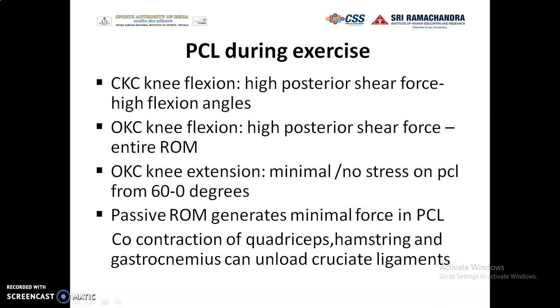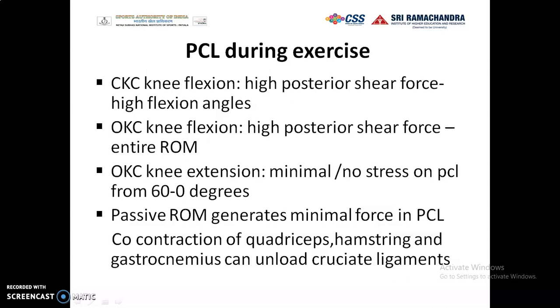Looking at the posterior cruciate ligament during exercises: when you do closed kinetic chain knee flexions, the PCL will go for higher posterior shear force with a high flexion angle. When you are performing open kinetic chain knee flexions, there remains high posterior shear force throughout the entire range of movement.